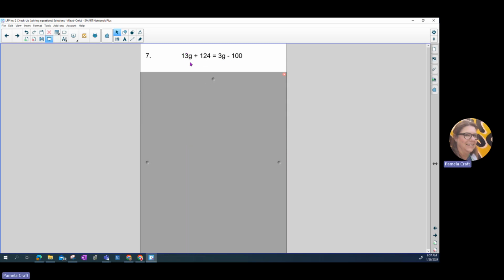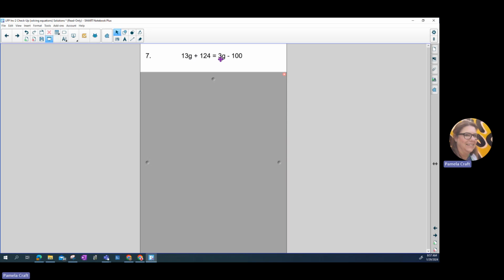Number 7, we have 13G plus 124 is equal to 3G minus 100. So for this one, we need to get all of the variables on one side and then solve a two-step equation. So we have 13G's here, we have 3G's here. It doesn't matter which one you subtract.